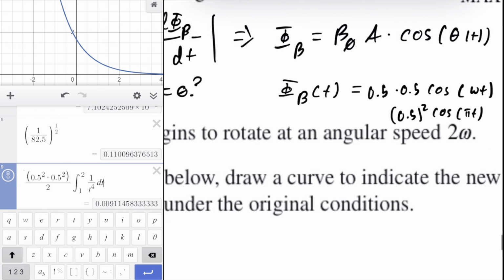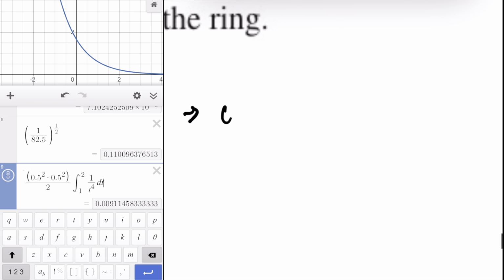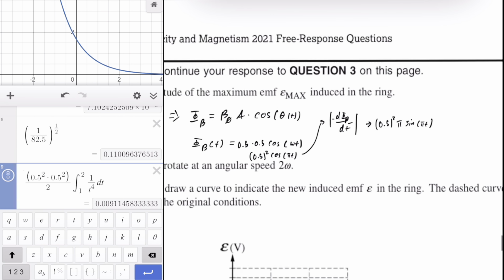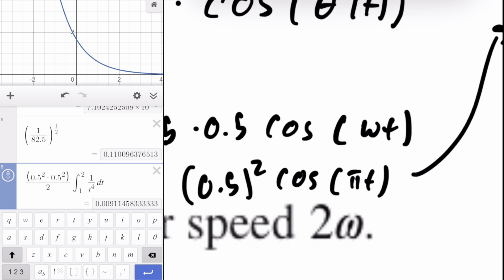So now, if I do what I was doing here with Faraday's law, and I take the absolute value of the derivative of the flux, that will give me 0.5 squared, chain rule, sine of pi t.